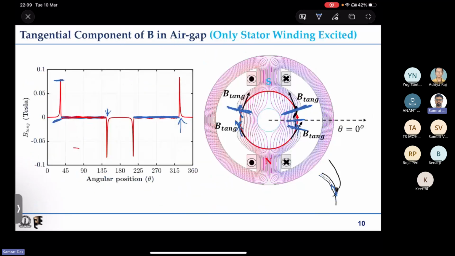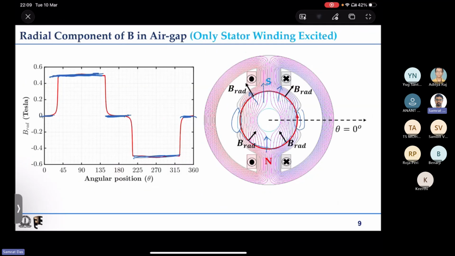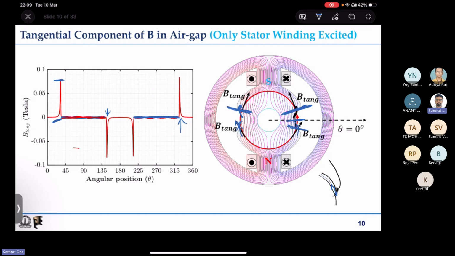Now let us try to see. On this edge, we have some positive B_rad, positive radial component of flux density, and on the same edge we have some positive tangential component of flux density. So in the first edge we expect some positive impulse kind of a thing in the tangential force density.